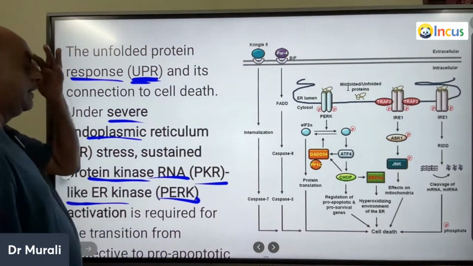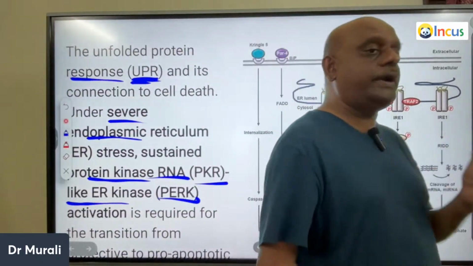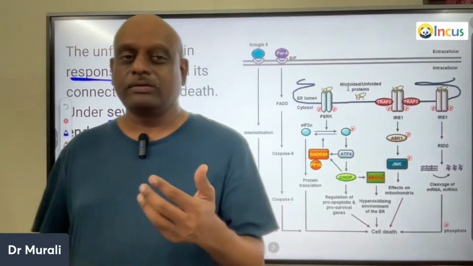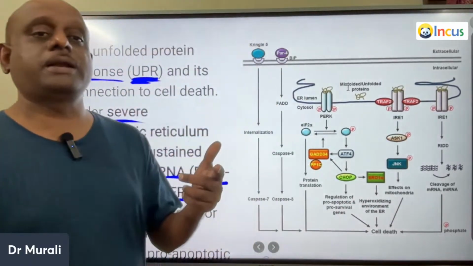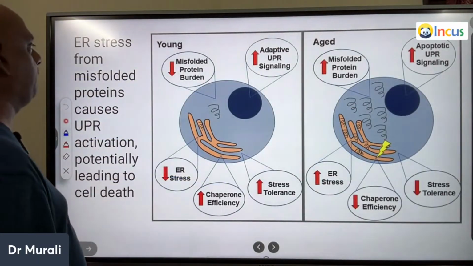So the moment more and more unfolded proteins are there in the cells because of the endoplasmic reticulum stress, that is a signal for apoptosis to happen, is what you need to remember.